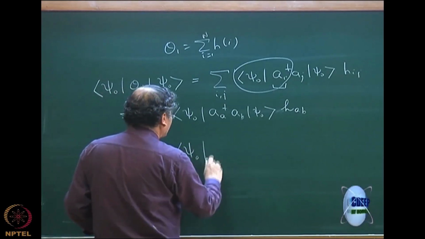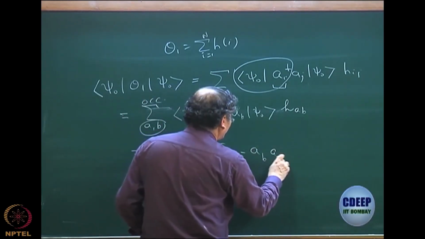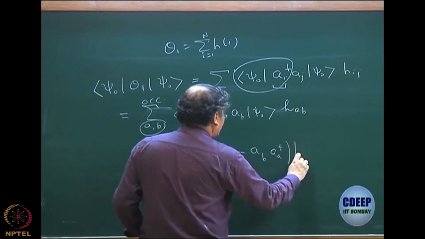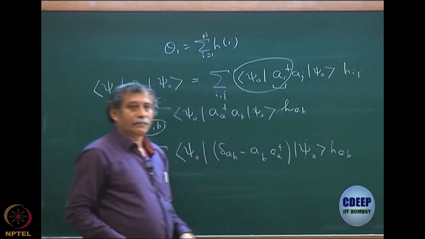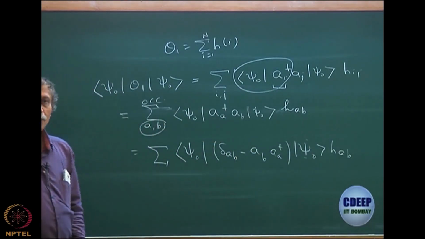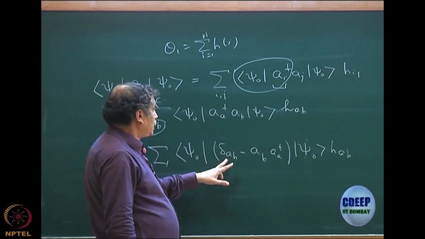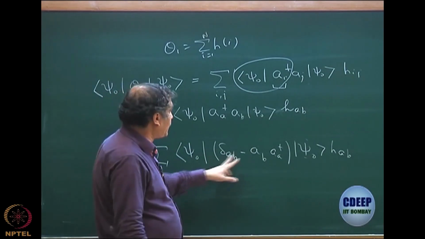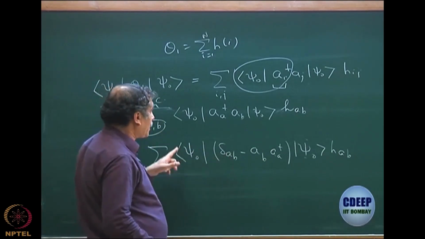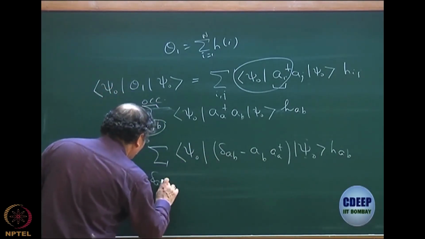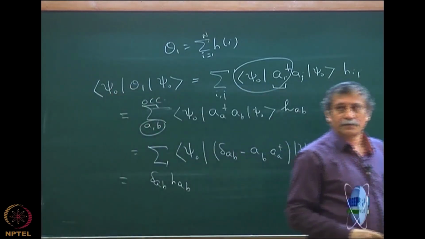So write aa† ab as delta ab minus ab aa† acting on ψ0. Is it okay? So I am now using the anti-commutator, that this plus this equals delta ab. So I am writing this as delta ab minus this. So then the first term is very easy, delta ab comes out with hab. ψ0 ψ0 is 1, right?